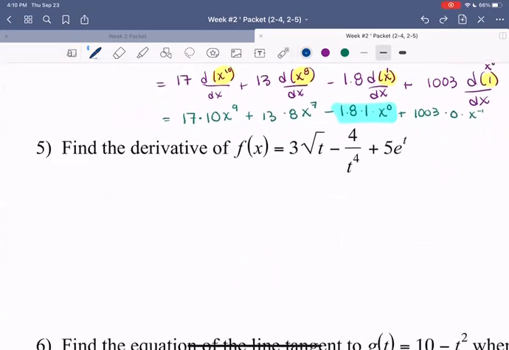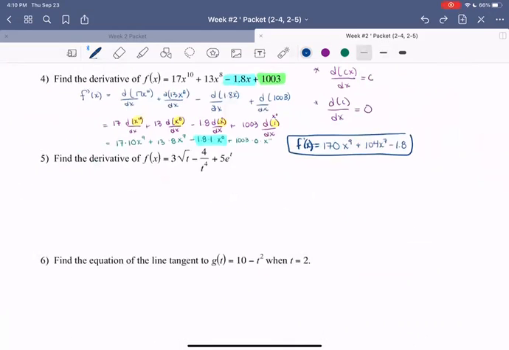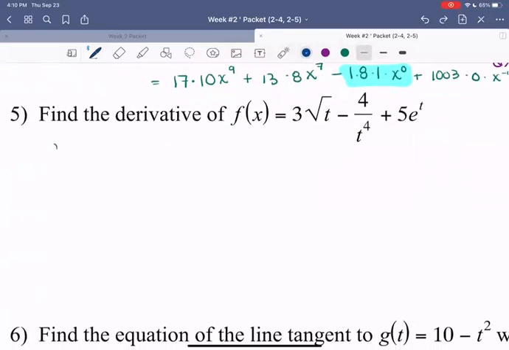So let's first rewrite our function in a way that we can compute the derivative using the basic rules that we've already seen. Now f of x, so I'm not taking a derivative yet, I'm just rewriting my function, is equal to 3 times square root of t, which is the same thing as t to the positive 1/2, minus 4 times t to the 4th in the denominator.